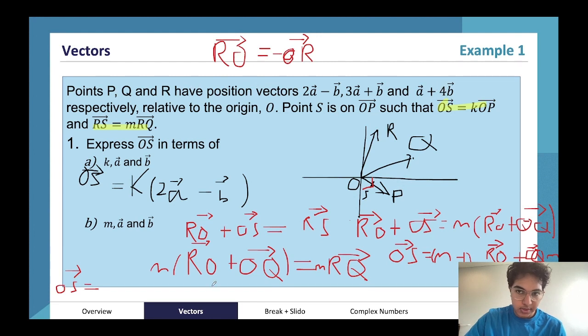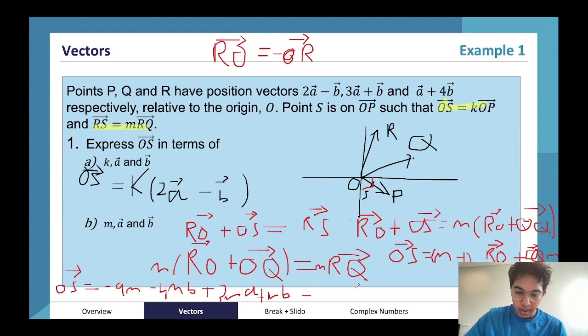So that's going to be negative AM minus 4MB, plus OQ, which is 3MA plus MB, minus RO, which is just OR.